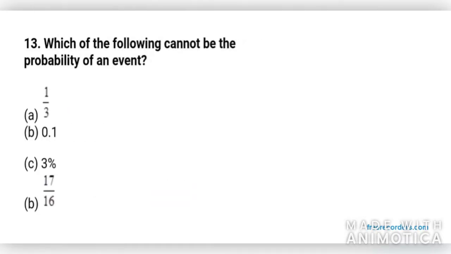Which of the following cannot be the probability of an event? As you know, the probability of an event lies between 0 and 1. So it says cannot be.